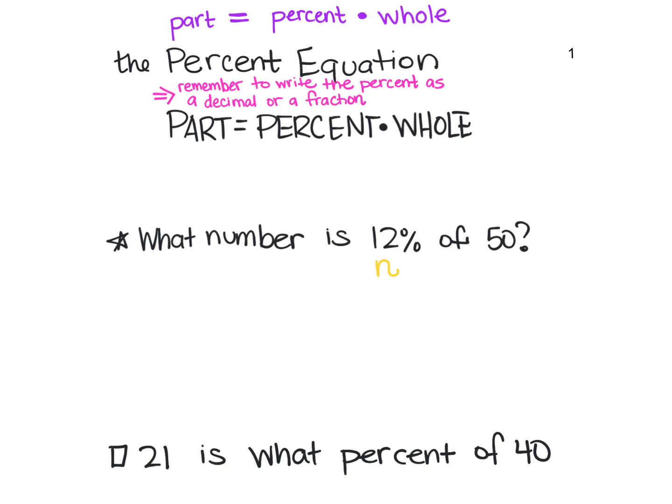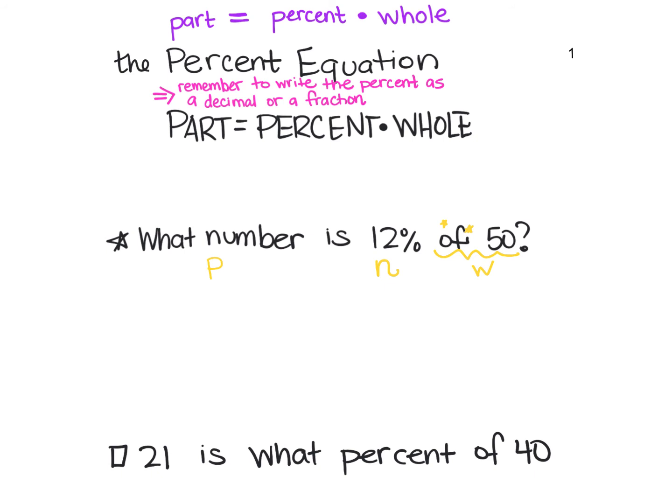Is that the part or is that the whole? When you see "of 50," a lot of times when we talk, we use "of" to indicate the whole. So that is one nice indicator that 50 is going to be the whole. And you're looking for the part. We don't know what the part is here.